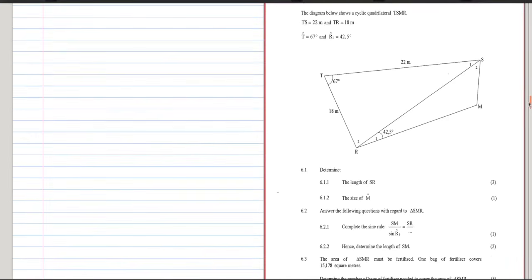It's another question on trigonometry. All right, so the question reads as follows. The diagram below shows a cyclic quadrilateral TSMR, a piece of information that is very important. Okay, it's a cyclic quad.